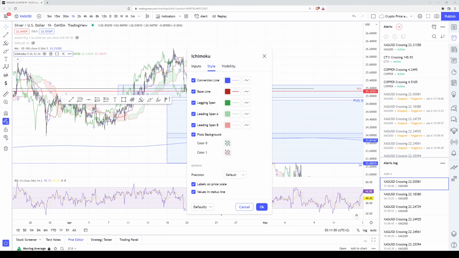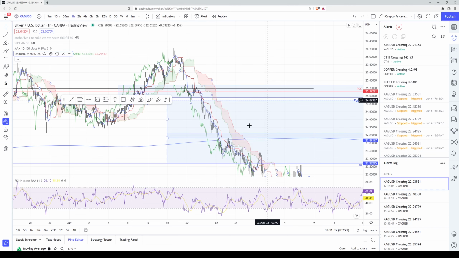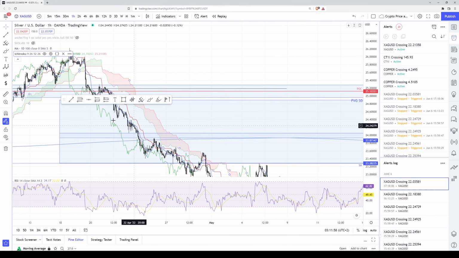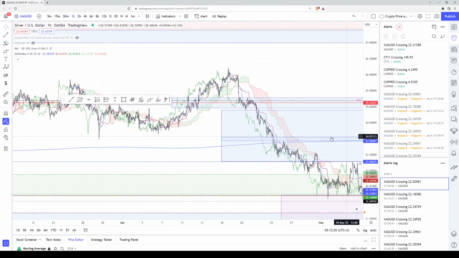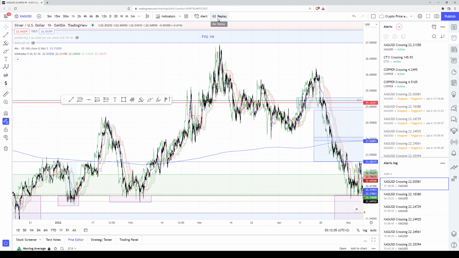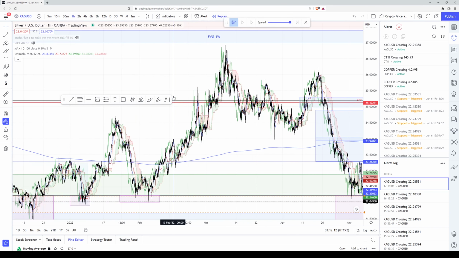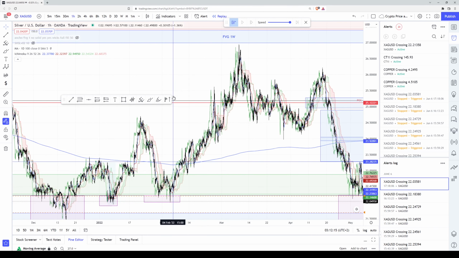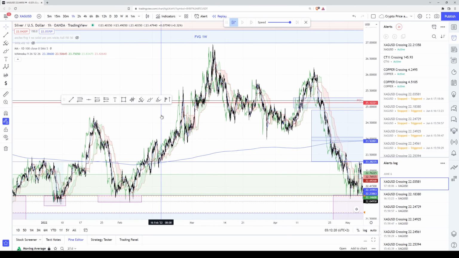For this video, the last part I would like to discuss are the ways to backtest a specific strategy. So let's assume that you use the Ichimoku cloud. A way to backtest that strategy is to do this manually, and you can do this with the replay button on the top of your screen. You can simply click here, and from a specific point in time until now, you can play it as if we're at the 14th of February, on Valentine's Day, for example.